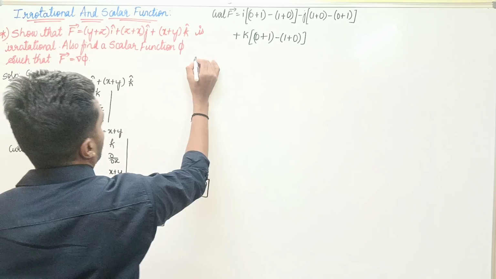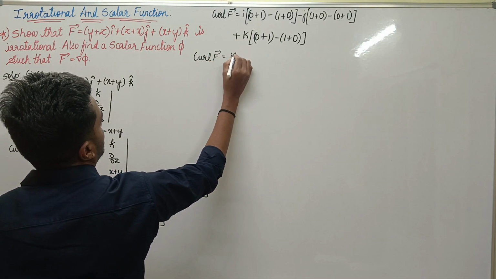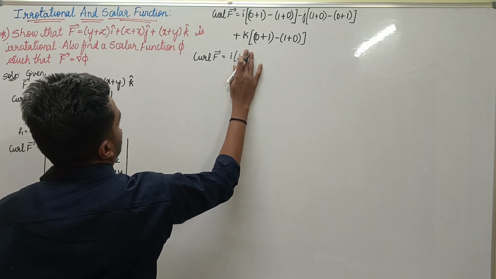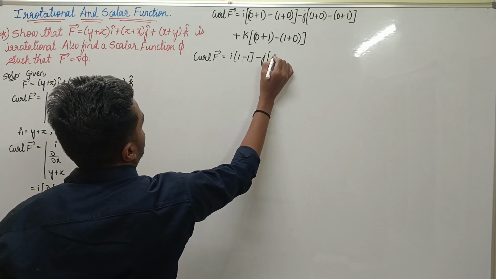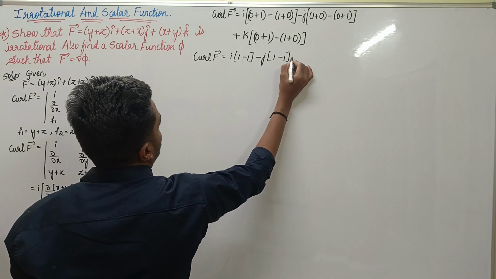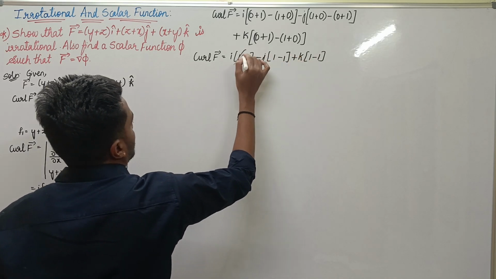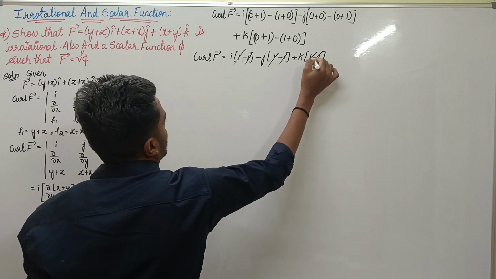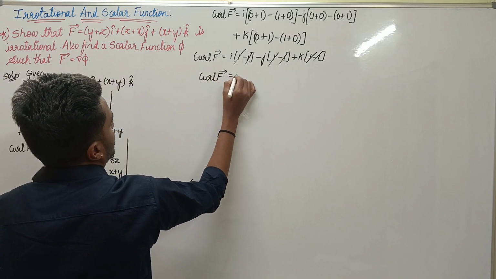What do you get? Curl vector f equals i into (plus 1 minus 1) minus j into (plus 1 minus 1) plus k into (plus 1 minus 1). Plus 1 minus 1 gets cancelled. Curl vector f equals 0.